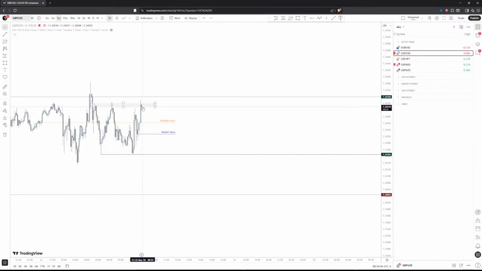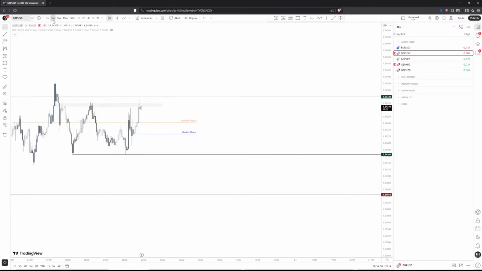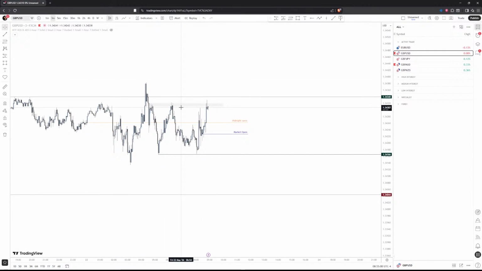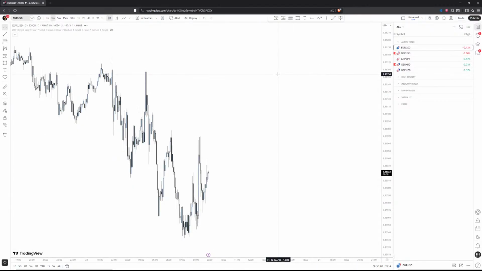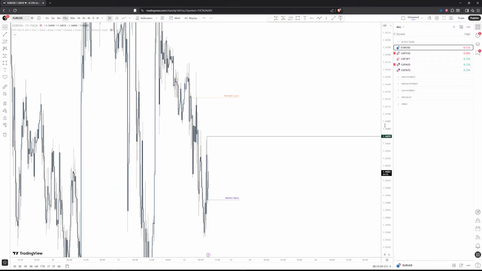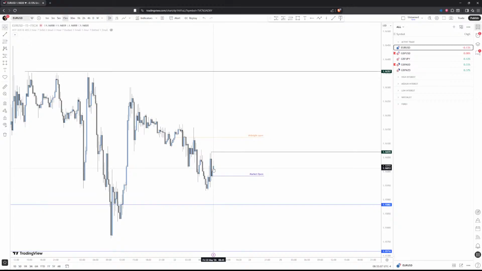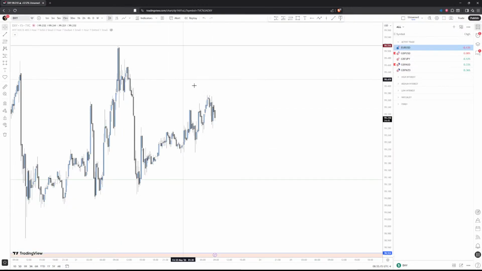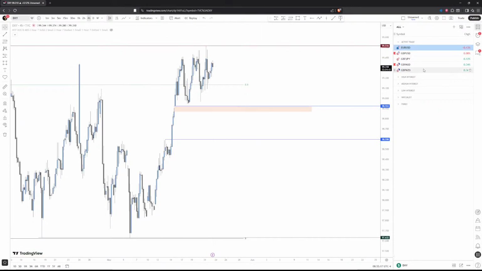GU moving as expected to the upside. Not necessarily bullish. Here, running up a little bit. Let's have a look at DXY again. Yep, just in that range.